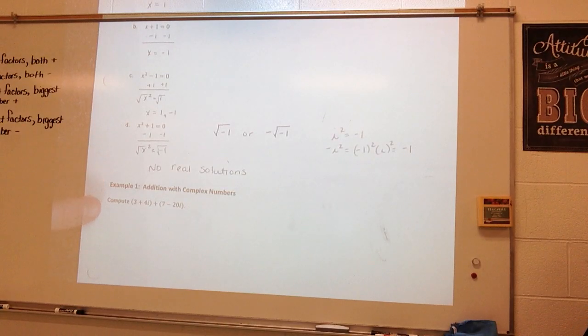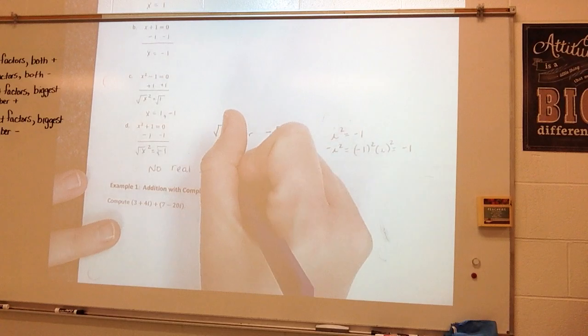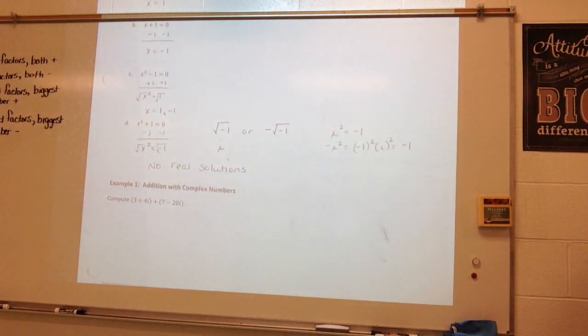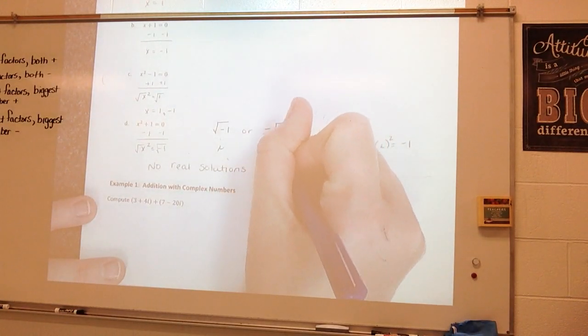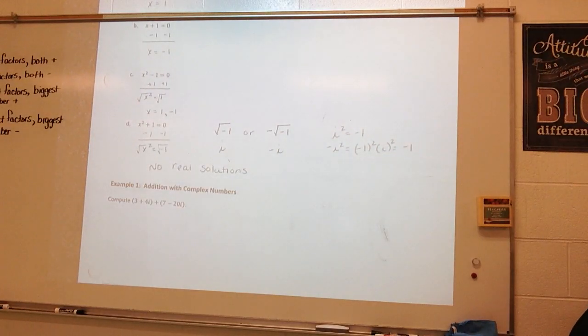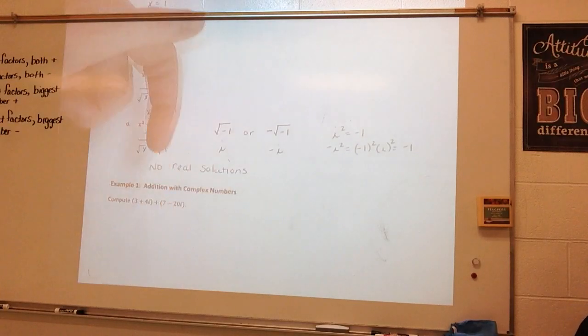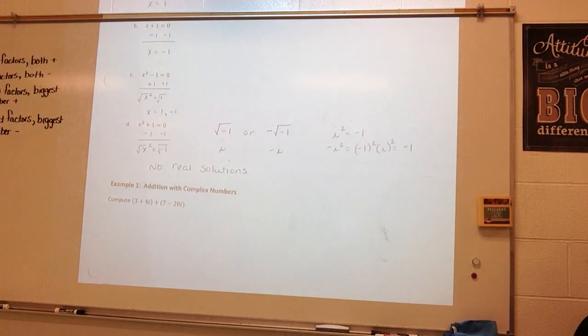Alright? And that would be that this could be I, and this would be negative I. So, we know that now the square root of negative 1 is I, because I squared is equal to negative 1, and the square root of I squared is I, so therefore I now have two solutions to my problem. Alright?